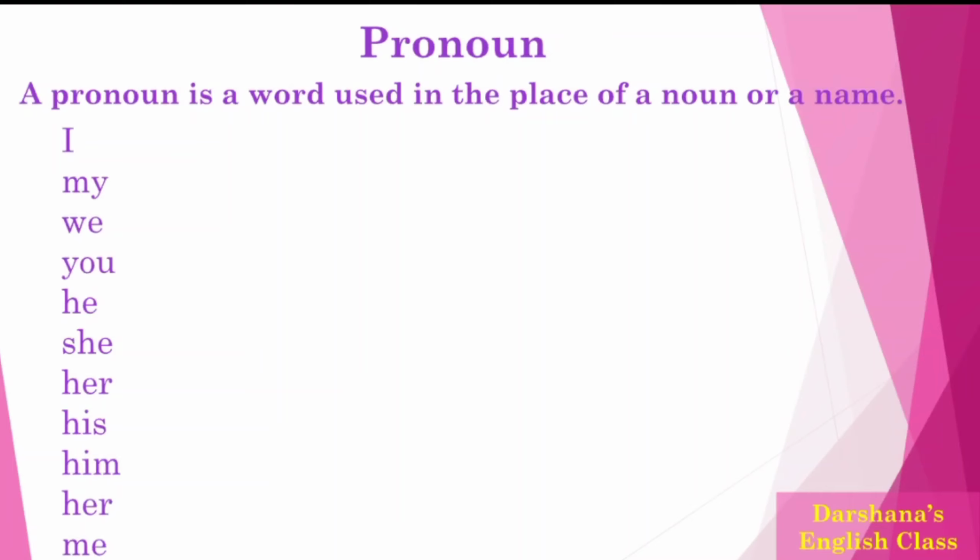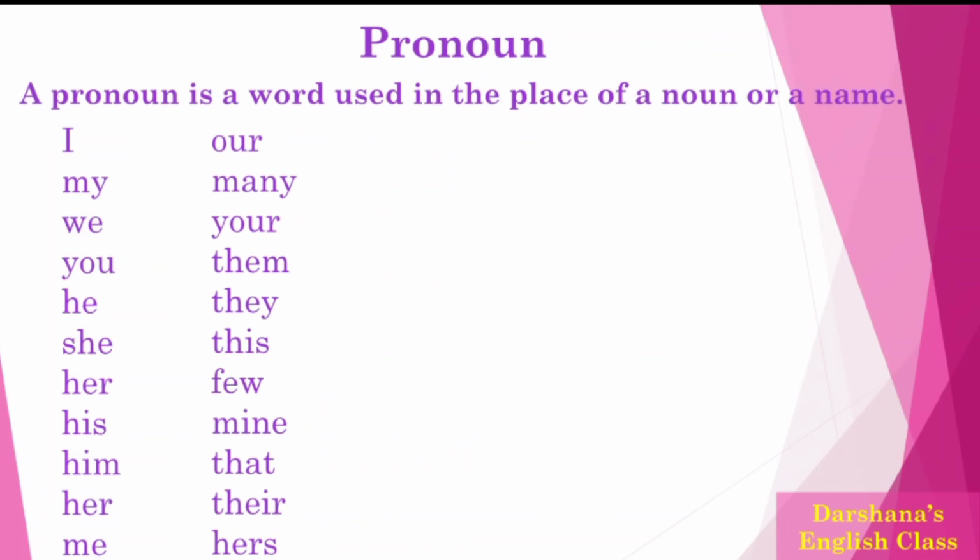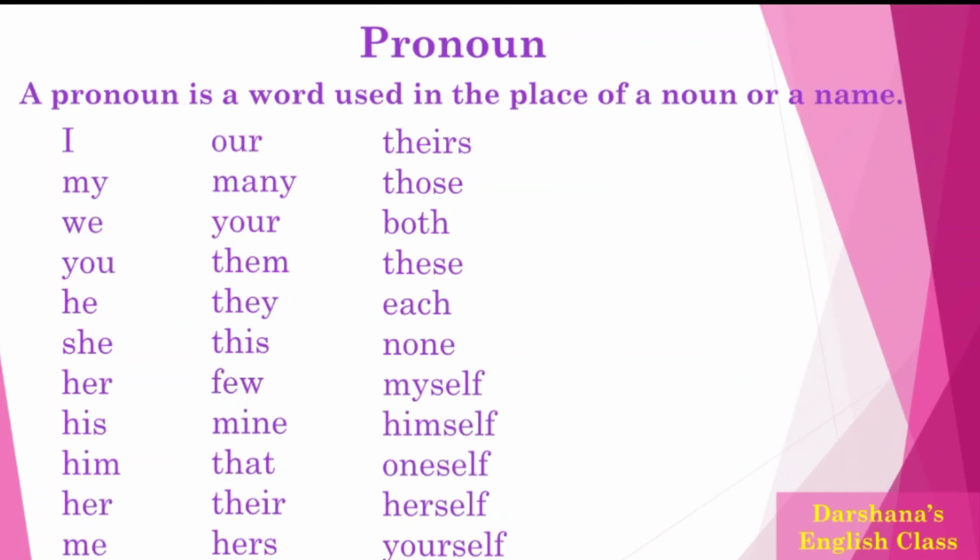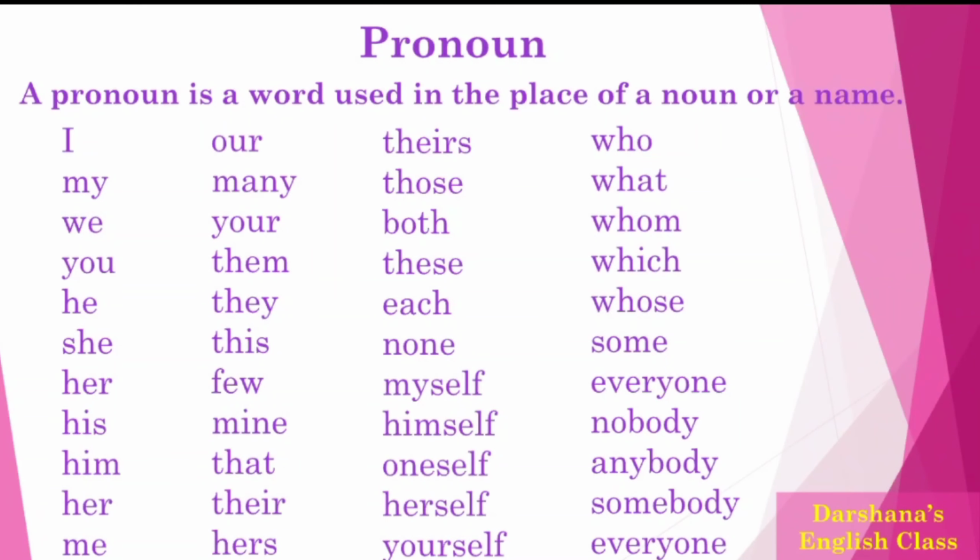Now here I have listed some pronouns for you, which again you can note down in your notebook, and by the time you note it down, I will read them for you. I am reading only the first column. The other columns you can take your time and note down, because I have tried to add all the pronouns that we normally use in our speaking and writing skills. So here the first column I am reading out for you all.